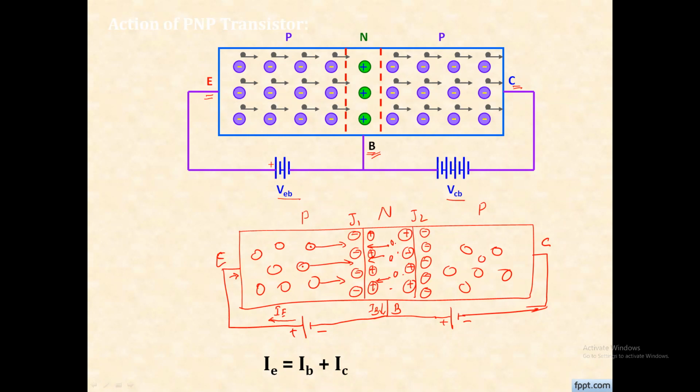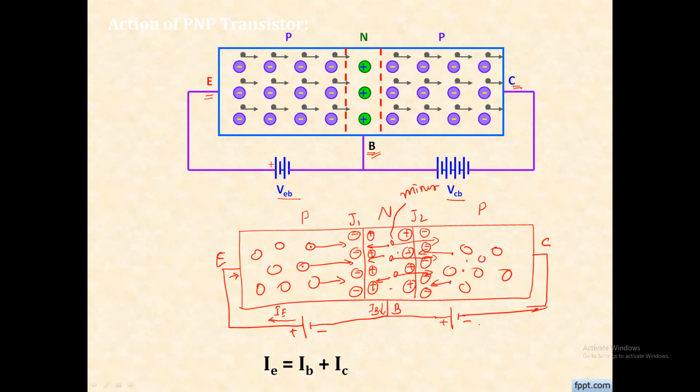the holes can be transferred from the base region to the collector region. Is it right? Because this is connected to the positive. Now in the collector to base junction, as it is connected in a reverse bias, this hole acts as a minority carrier in that region, and in the collector region the electrons act as minority carriers, so they can also travel to this side.